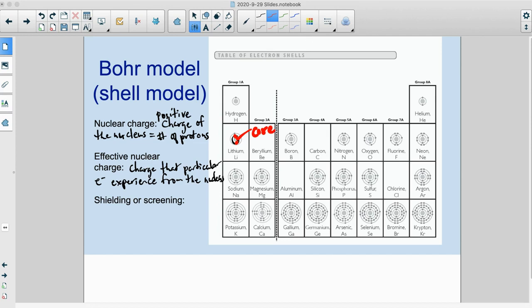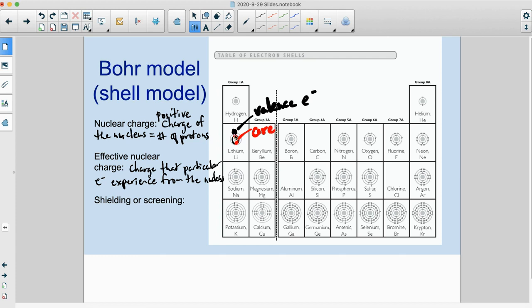Those are our core electrons right there. And this 1 valence electron is our valence electron. So we've got 1 valence electron and 2 core electrons in lithium.